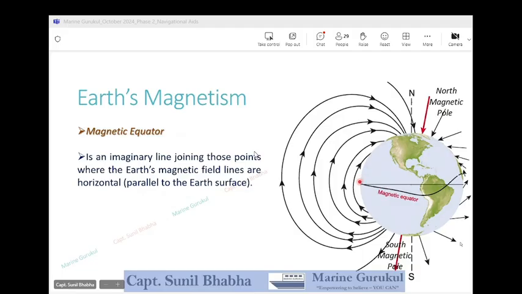The Earth's surface is in the up and down direction here. The magnetic field line is also in the up and down direction here. The field line is parallel to the Earth's surface. And if we join all these points on the Earth's surface where the magnetic field lines are parallel, this marks the magnetic equator.